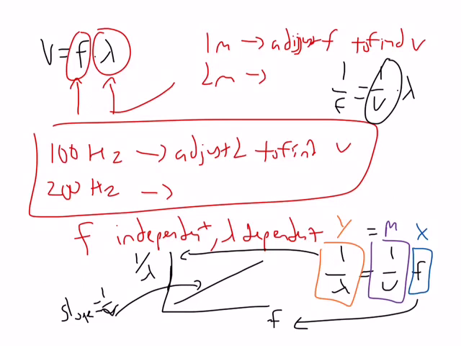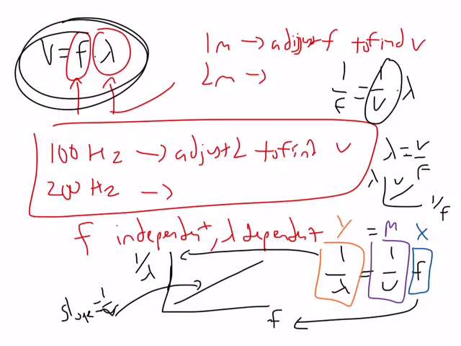We could do lambda equals v over f, and so then we'd be plotting 1 over f and lambda, and the slope would then be v, right? Any of those are possible options. The key is it starts with this formula, and based on what you are varying, you have to identify the independent variable, your x-axis, and then rearrange so that way you get a dependent variable for your y-axis, and then a slope as well.